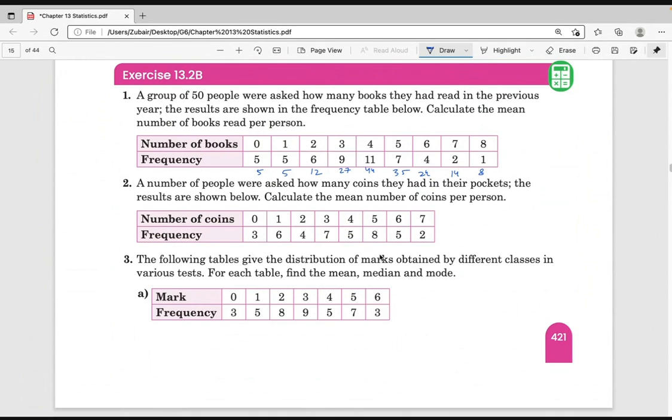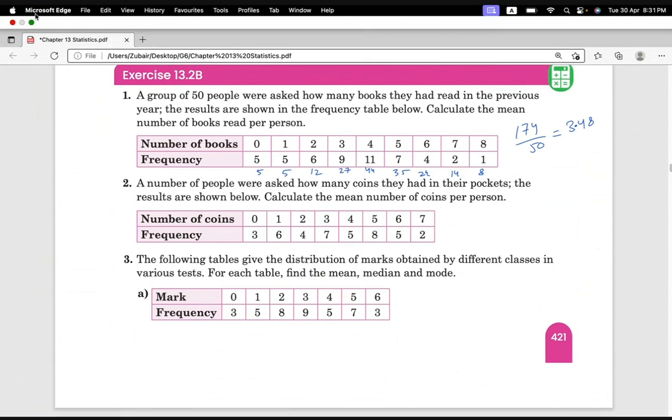And now we add them. 5 plus 5 plus 12 plus 27 plus 44 plus 35 plus 24 plus 14 plus 8. I'm getting a total of 174 divided by 50. Do not do it this way in exam. How will you do it?